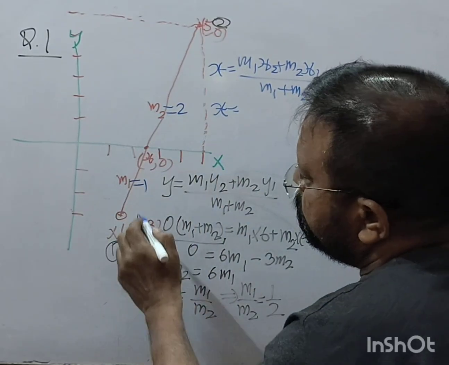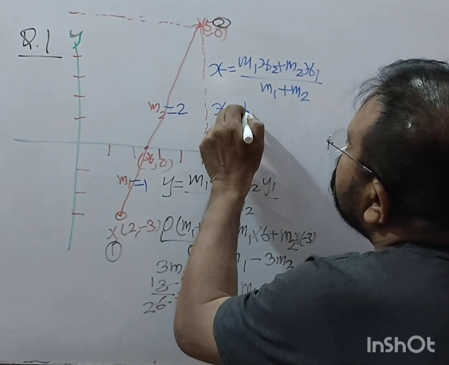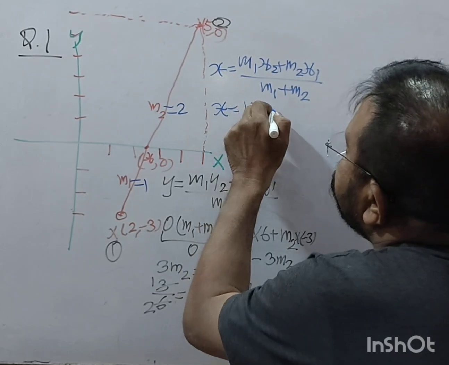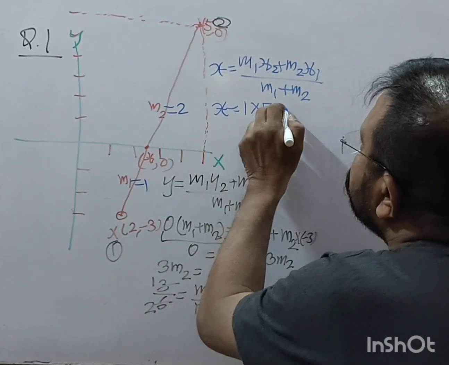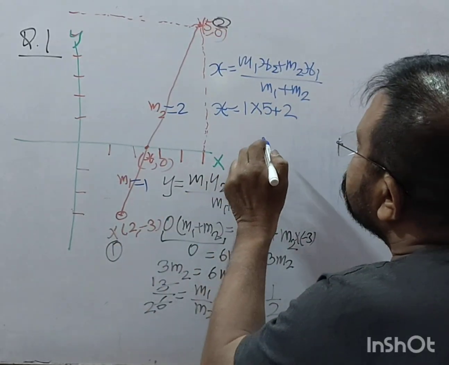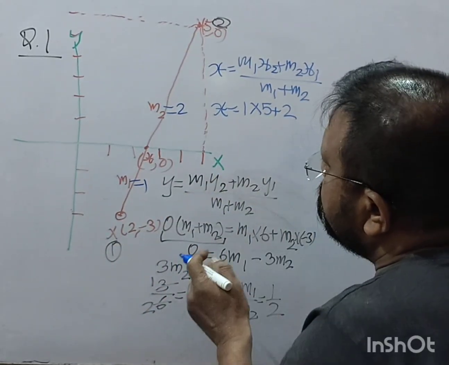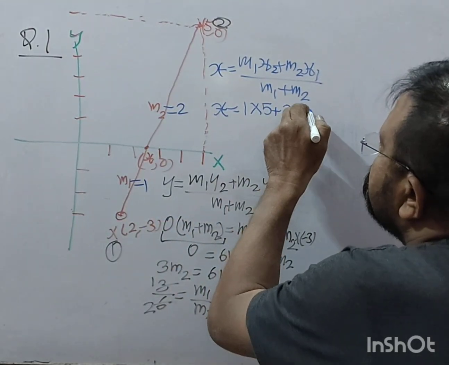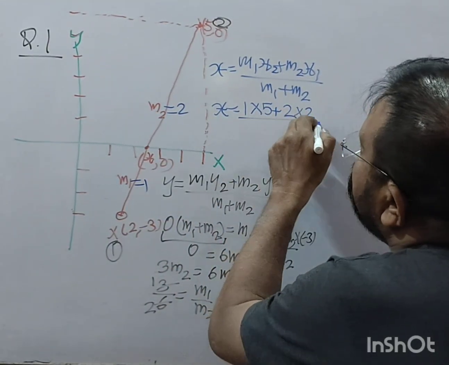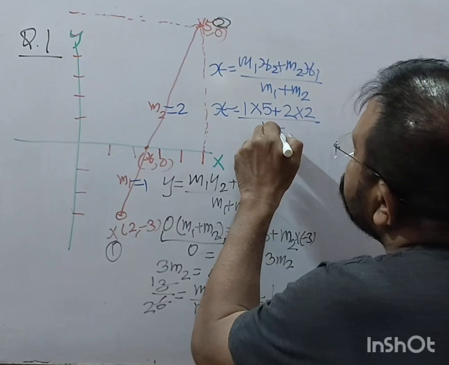M1 is 1. 1 into x2 is 5 plus m2 is 2, into x1 which is 2, 2 times 2 becomes 4, upon m1 is 1 plus 2.